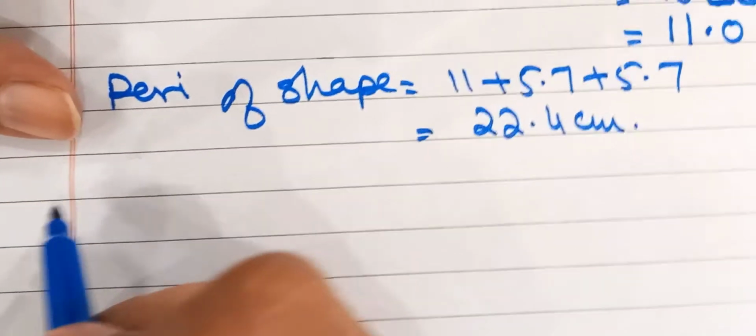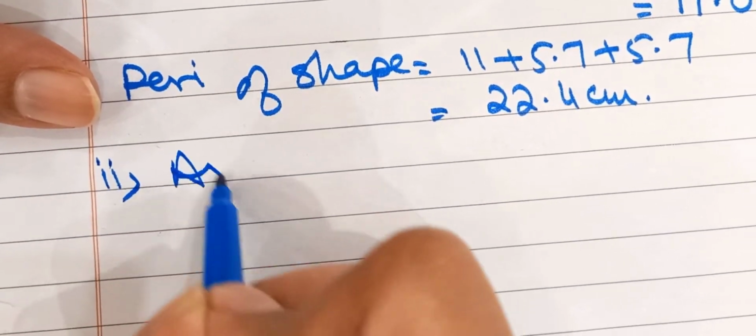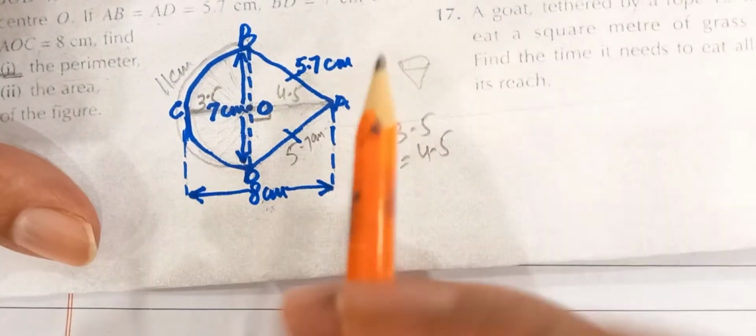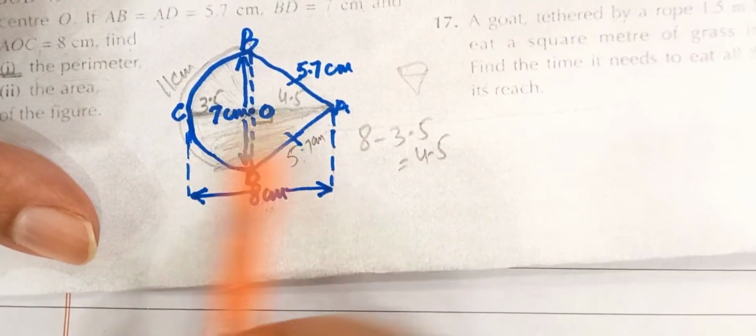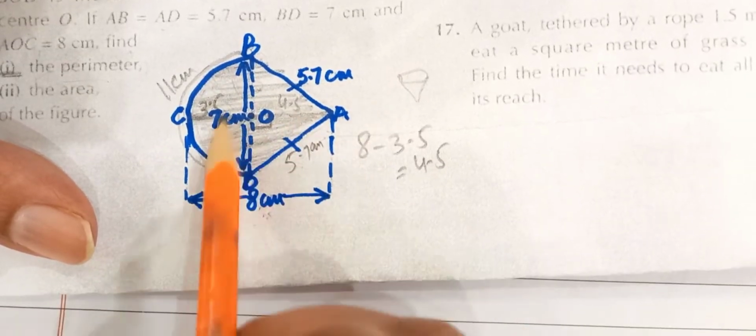Now we are going to part 2, which is about area. Area is the inner part of any shape. So everything on the inner side of this shape is the area.